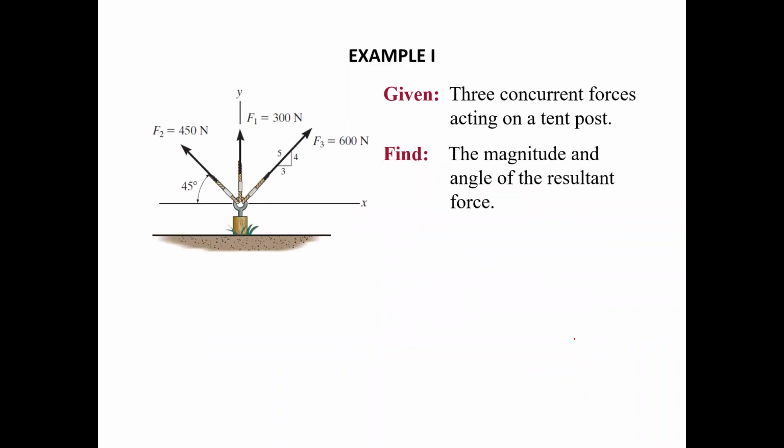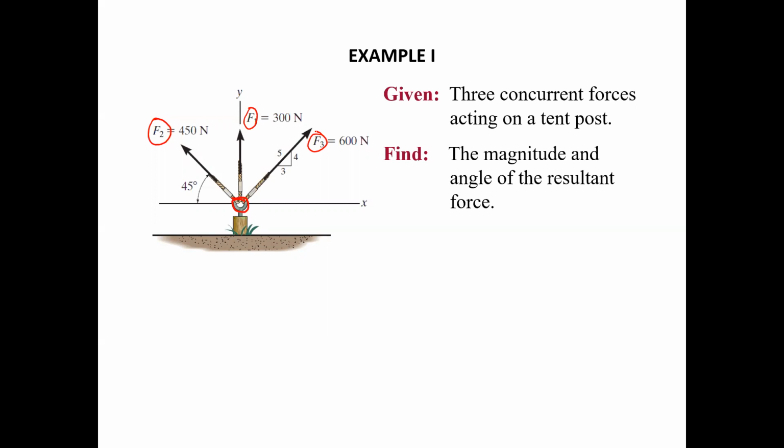All right, so let's do this example so that we are more clear on this method. So what is given here, let's say that this is a hook, right? And there are three forces. This is F1, this is F2, this is F3 in different directions, different magnitudes, right? F1 300 newtons, F2 450 newtons, F3 600 newtons.